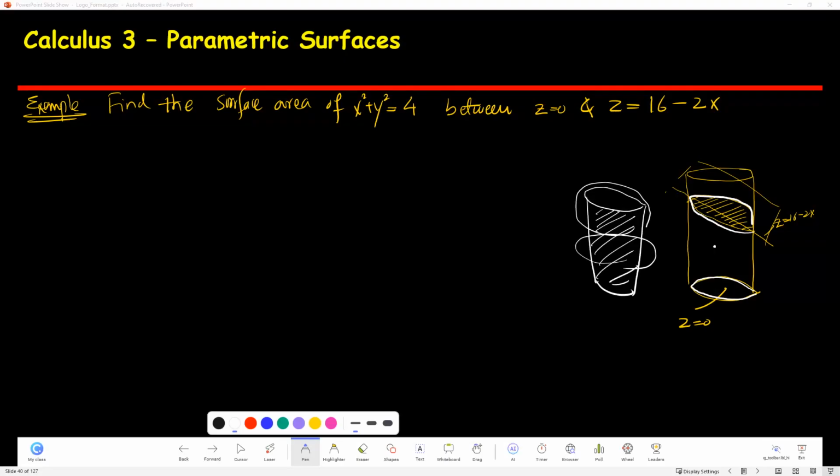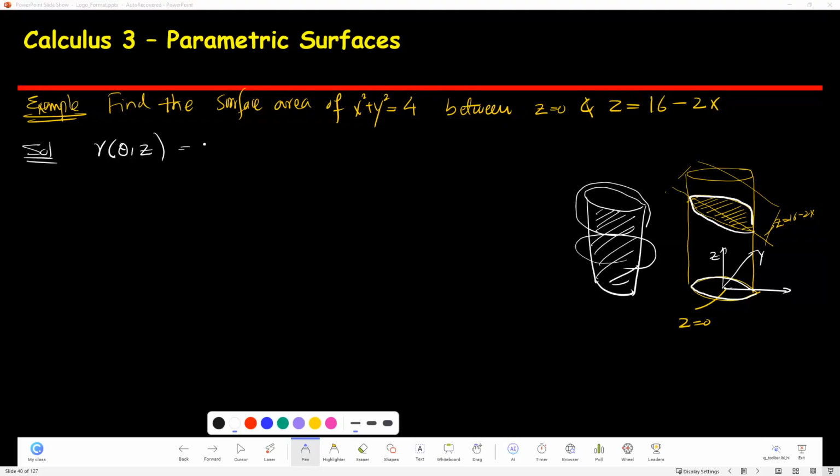Already, we have x, y, z. X is going to be this way, y is going to be inside this, and this is z. First things first, I'm going to write the equation so I can start my parametric equation. I have theta and z, and z is my height.